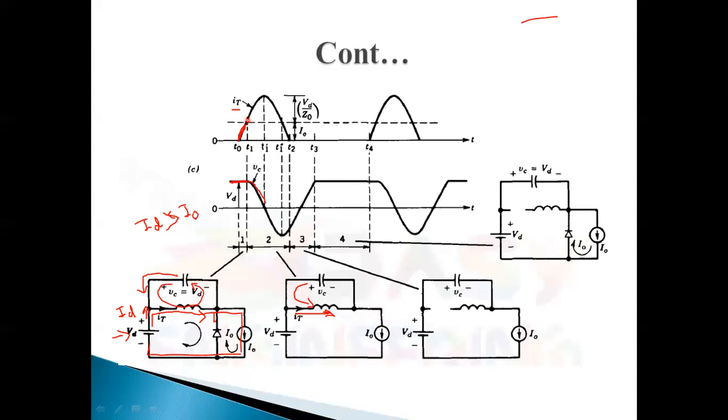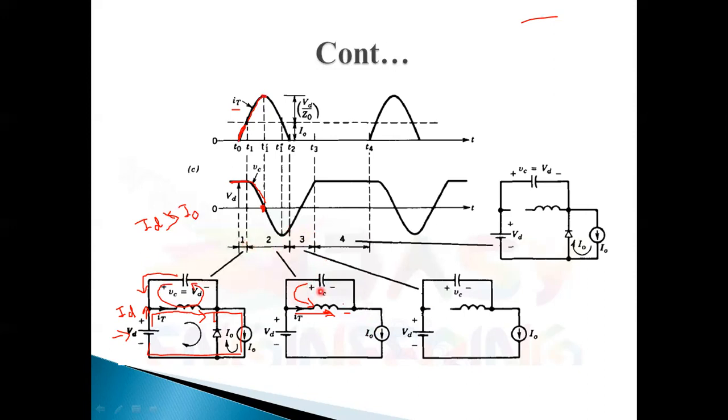It reaches the optimum value at the T1 dash point, and at the T1 dash point the capacitor is fully discharged. Okay, and after then what happens?